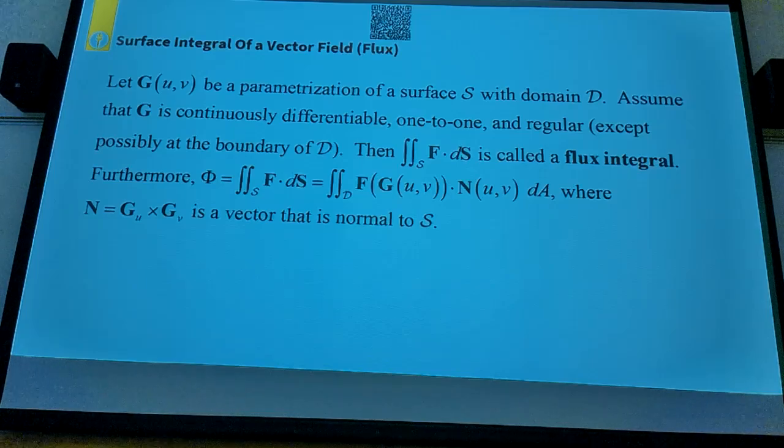Your first exposure to flux probably wasn't this course. It should have been Intro to E&M, where you studied electric flux and magnetic flux. Any vector field has a flux.